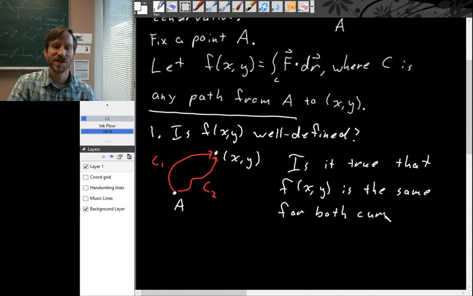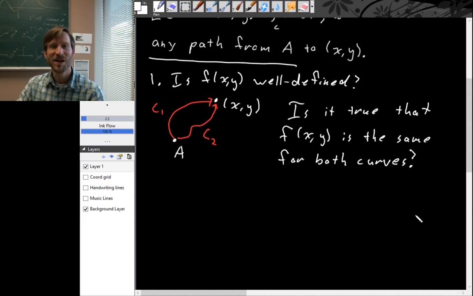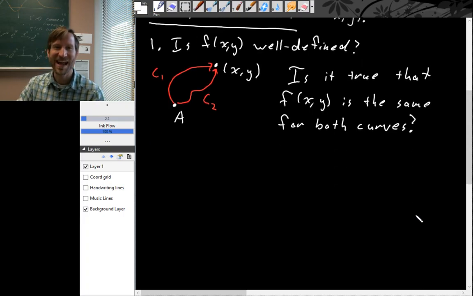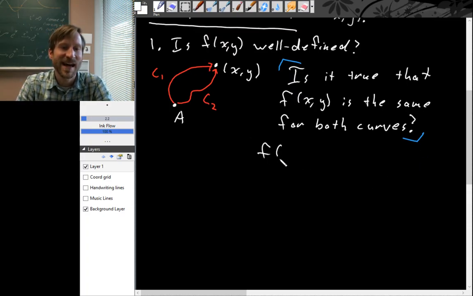Because if it were different, that would mean different choices of curves would give you different outputs for the function little f. But one function can't have different outputs for a single point x comma y. So translating this question, is it true that f of x y is the same for both curves? Well, let's just translate that into the definition of little f of x y.